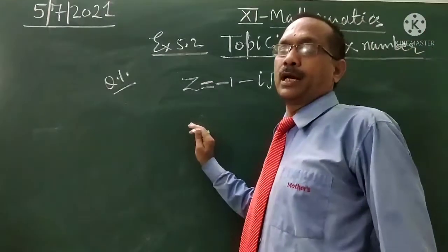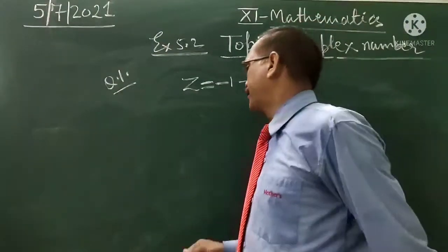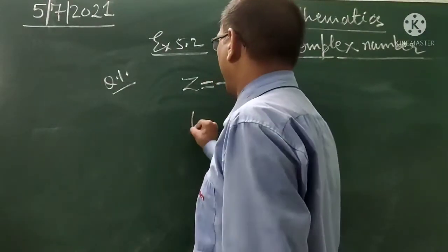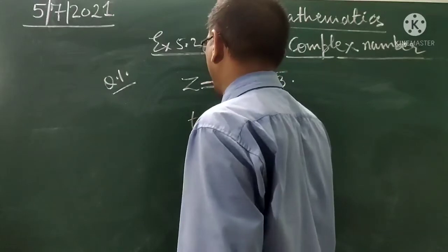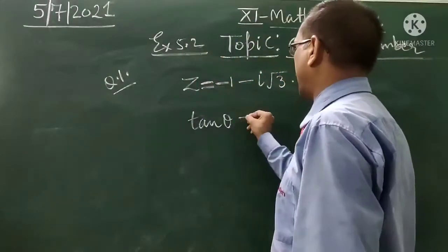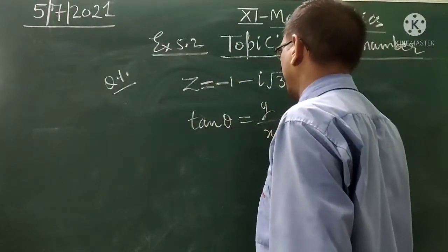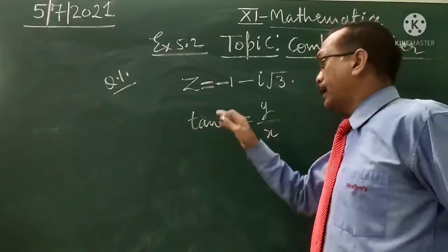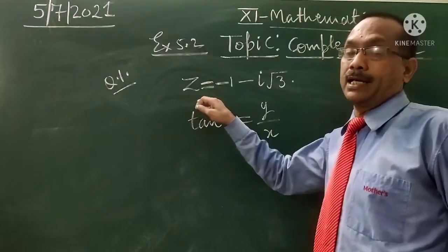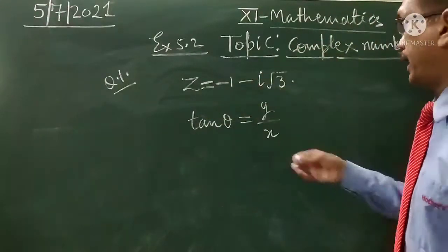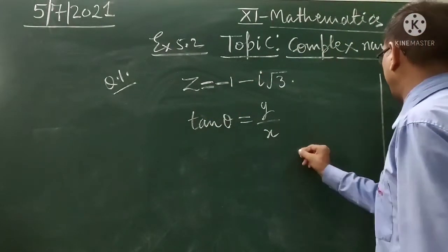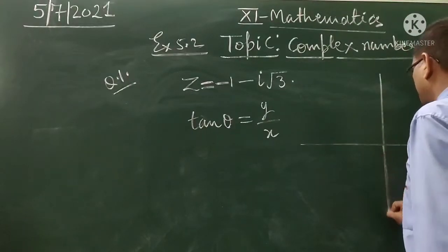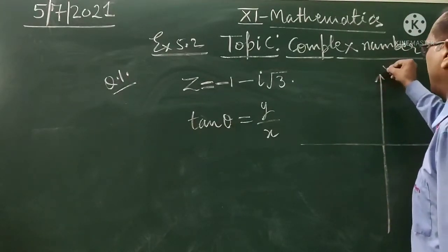Now, dear student, let us find the argument. For argument, first of all, we will find the value of tan theta. tan theta equal to y upon x. Dear student, we will check in which quadrant the value of z lies. So, let us see. This is the Argand plane. This is the imaginary axis.